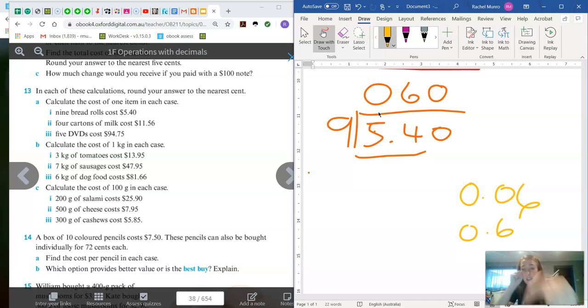I'm just a little bit under that with my 9. So really, it's about that 0.6, because I'm a bit over half of my 9 fits into this 5, so we're going to put our decimal place here.